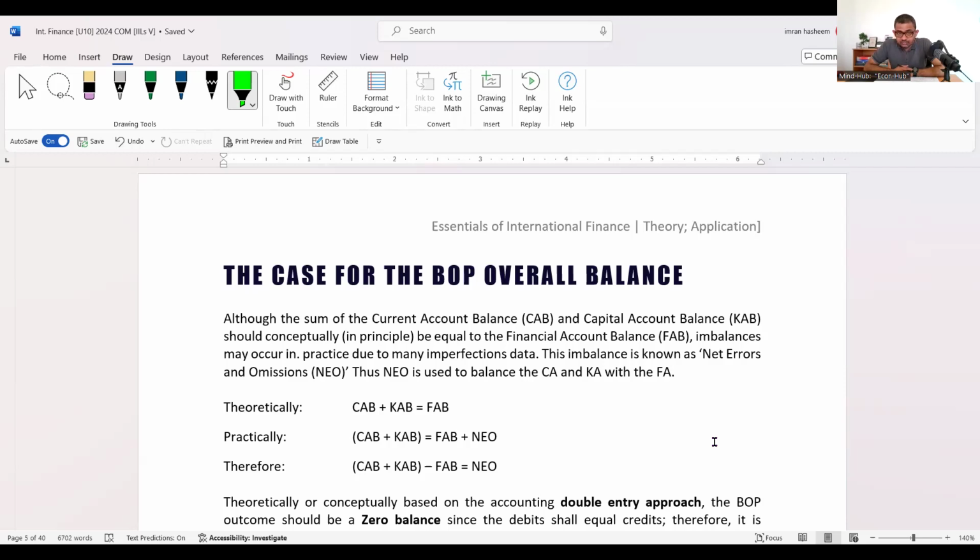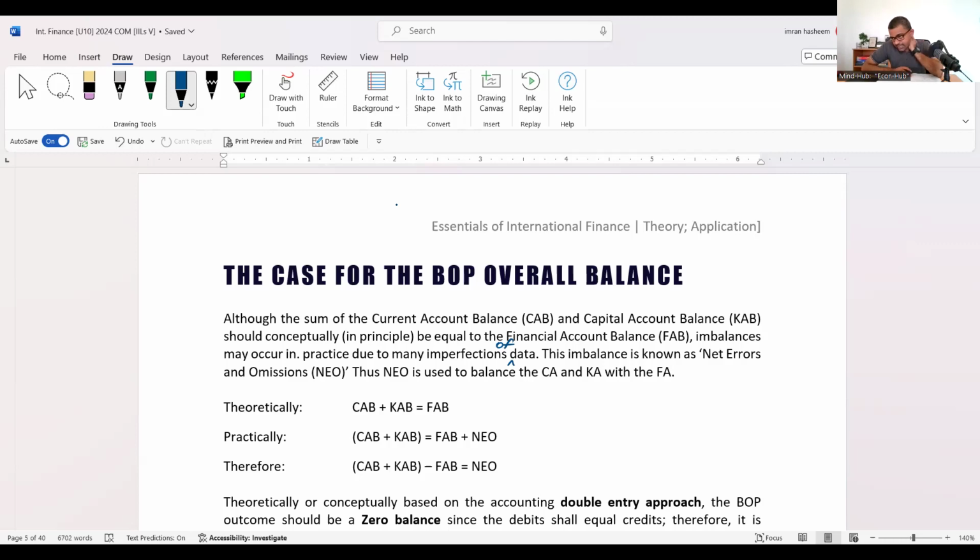Imbalances may occur in practice due to many imperfections of data. We always don't get the accurate information. This imbalance is known as the net errors and omissions.